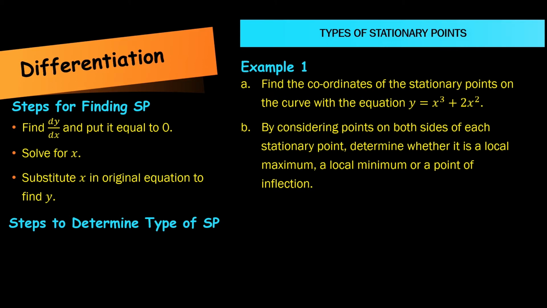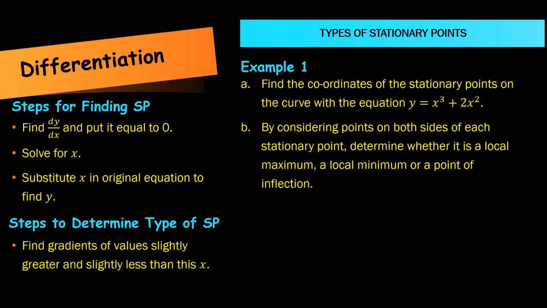Now let's explore the steps to determine the type of stationary point that we have. We need to first find the gradients of values slightly greater and slightly less than this x, and then deduce the shape of the curve.